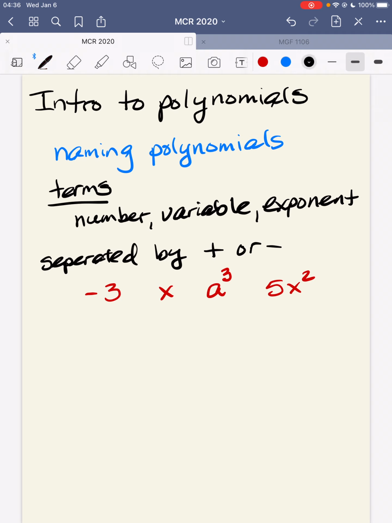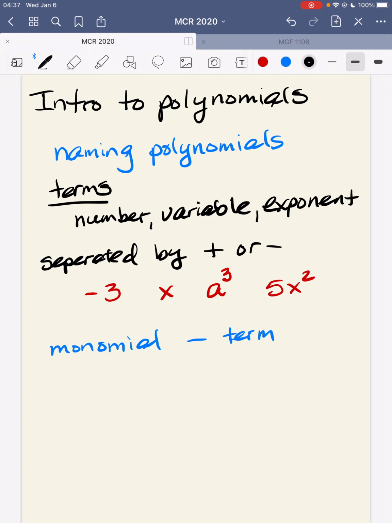So polynomials, we have what we call a monomial. And a monomial really is synonymous with a term. So it could look like anything we had above. There's no addition or subtraction in between because it's just one item.